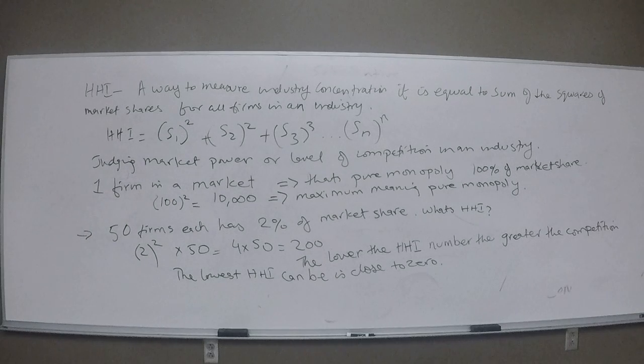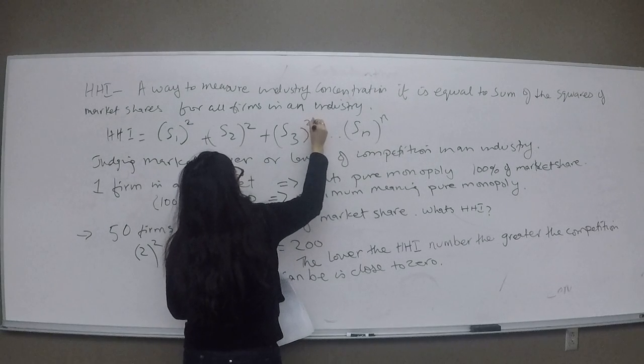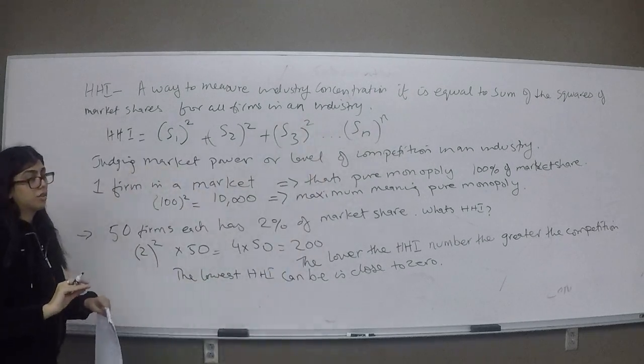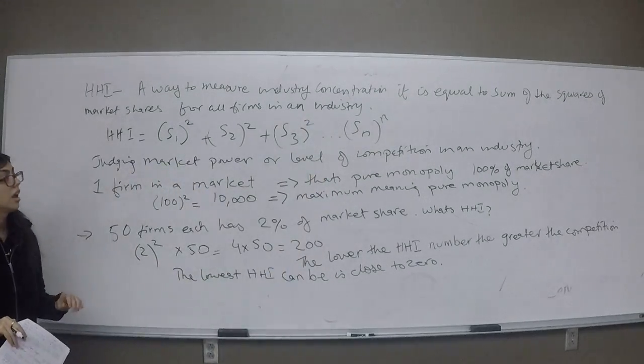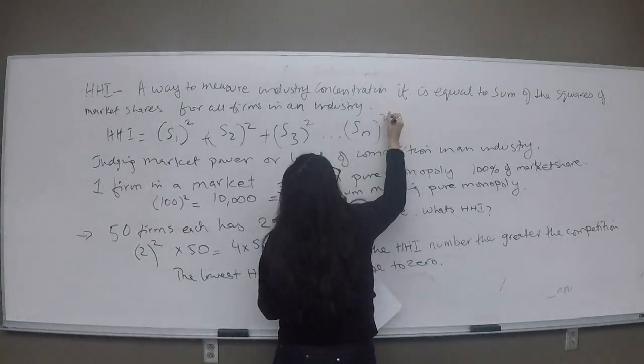I have a question. Yeah. For the formula there, you have S1 squared, S2 squared, and then S3 cubed. I'm sorry, it's not cubed. It's all squared. Even the last one, that's N squared too.